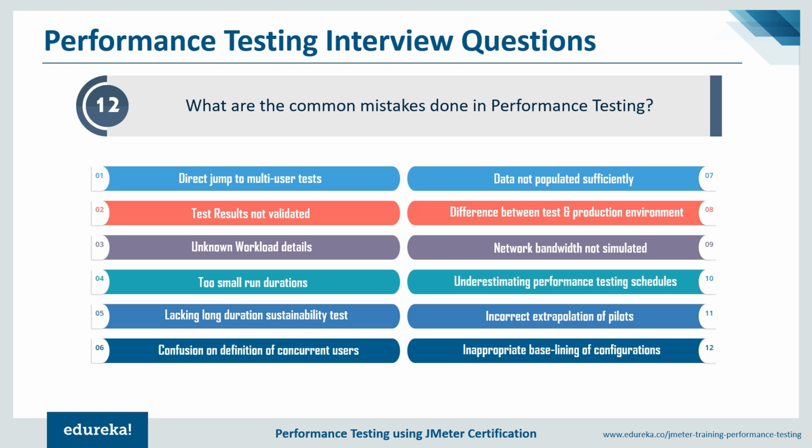Another mistake is the network bandwidth not being simulated. Then we have underestimating performance testing schedules and incorrect extrapolation of pilots. And finally, there's inappropriate baselining of configurations. So these are some of the common mistakes committed by the users, and you should always keep a check on all of these during your performance testing.